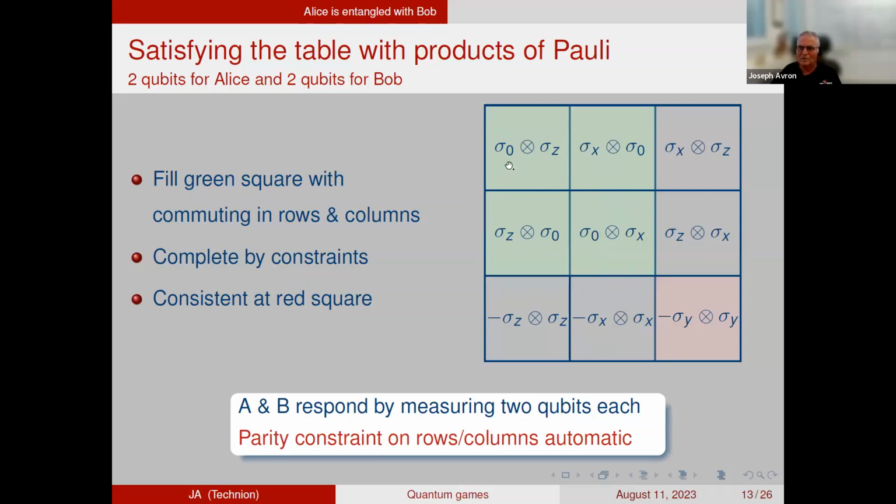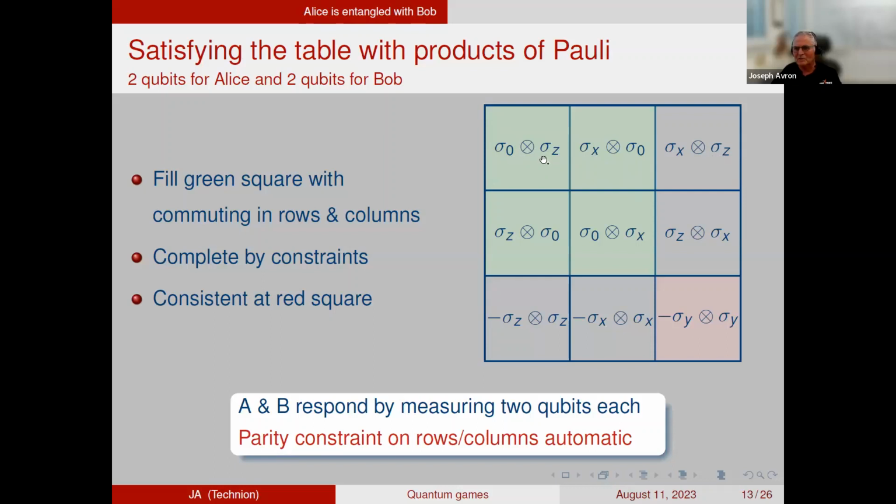We can try to check it together if you want. The product of the matrices in every row is the identity. For example, if I multiply these three, sigma 0, sigma x, since sigma x squared is the identity, the first term is going to give me the identity. Similarly, sigma z, sigma 0, sigma z is again sigma z squared, which is the identity.